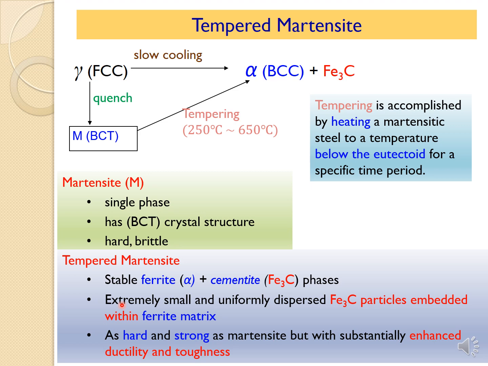The microstructure is extremely small and uniformly dispersed cementite particles embedded within the ferrite matrix, and the resulting mechanical property is that the tempered martensite is as hard and strong as martensite, but with substantially enhanced ductility and toughness.